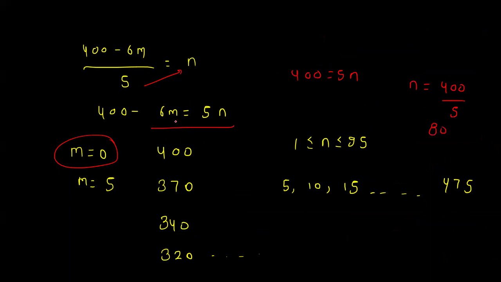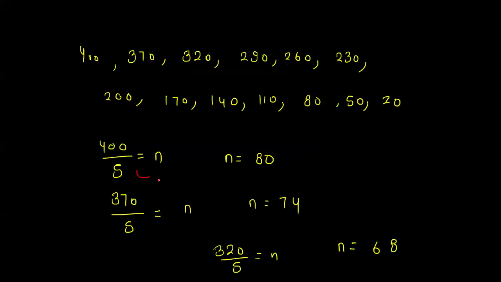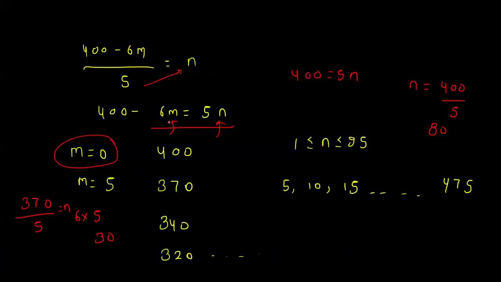Then it should be a multiple of 5, so 6 multiplied by 5 is 30, so it becomes 370 divided by 5. Then from here you can calculate the possible value of n. So here n is equal to 80, then from here n is equal to 74.